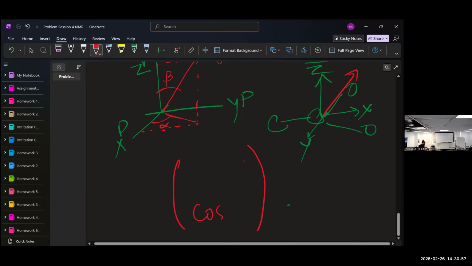So this is cos beta. That is cos beta. So then its projection onto the XY plane will be sin beta. Does that make sense? Projection along Z was cos beta, the projection into the XY plane will be sin beta. Then what is its X component? Sin beta times cos alpha. And what is its Y component? Sin beta sin alpha. Make sense?